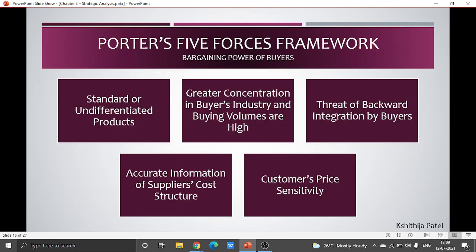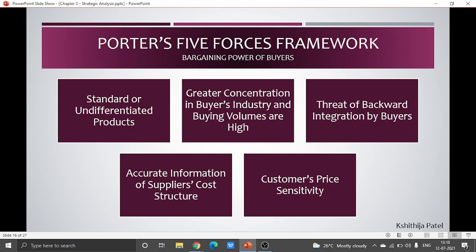Then we have bargaining power of buyers. Buyers in an industry, individually or collectively, are supposed to have stronger bargaining power when they can force a reduction in the price of the supply, or demand a higher quality of product or service, or are able to seek more value for their purchase in any way.